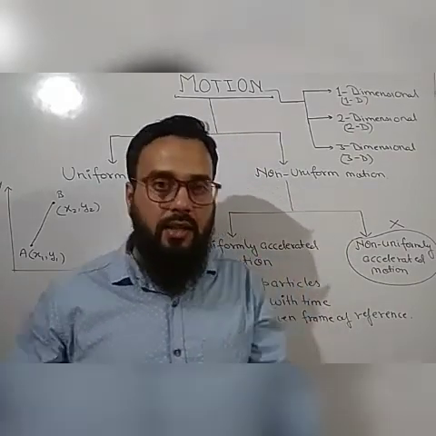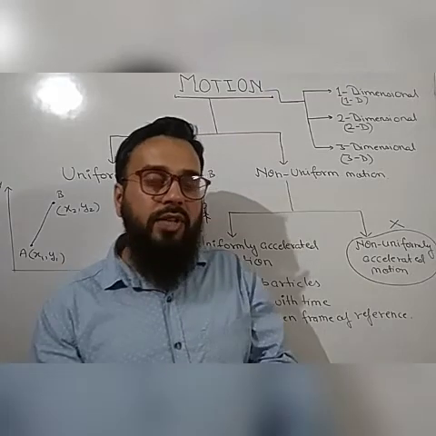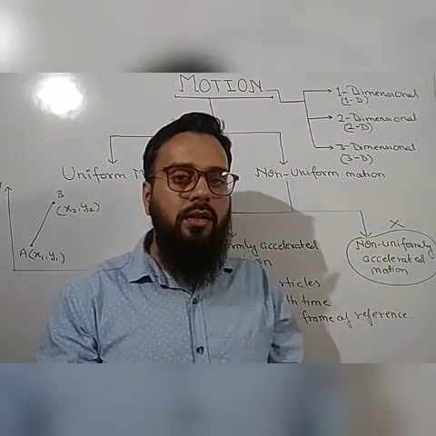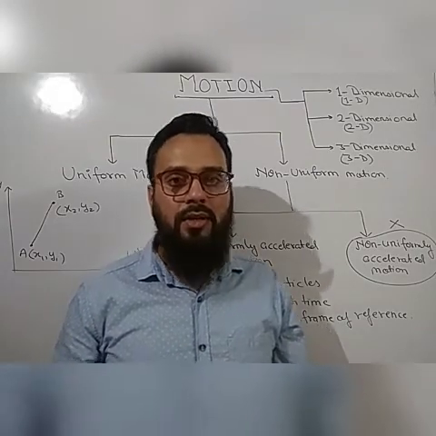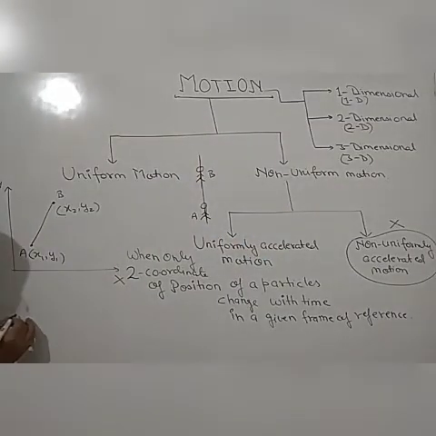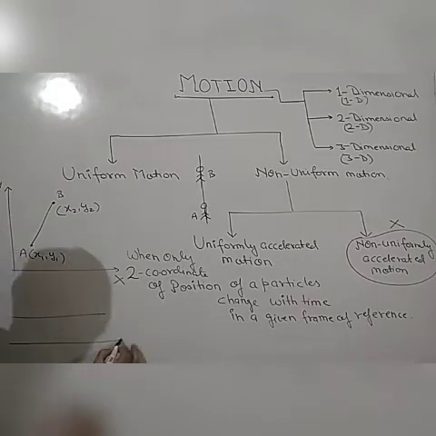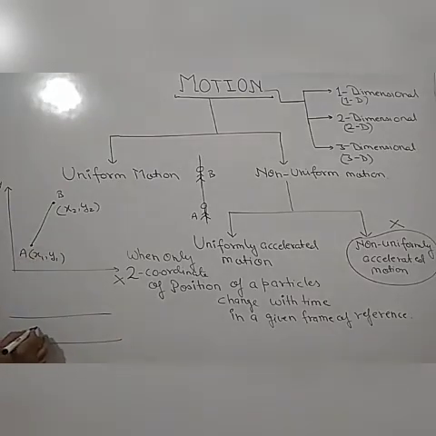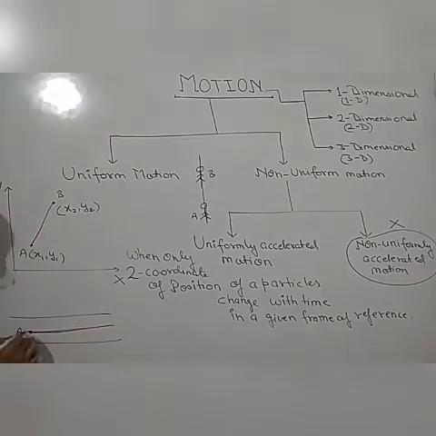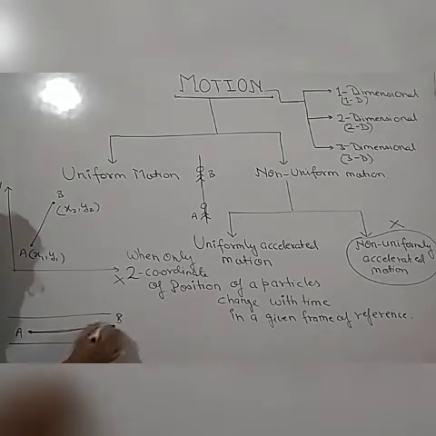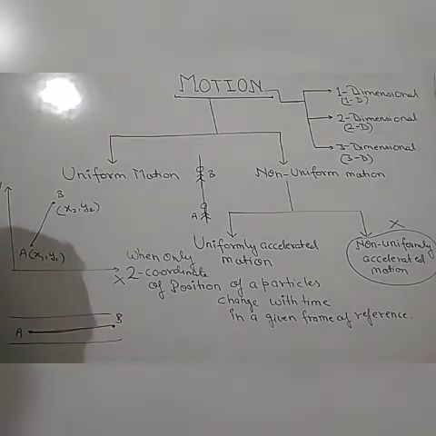But when you take a turn, there will be a change of two coordinates. Suppose this is a road and you are moving on this road from this point to this point. It is a straight line path, so from point A to B, your motion is one-dimensional motion.